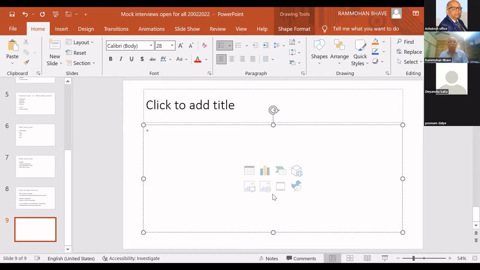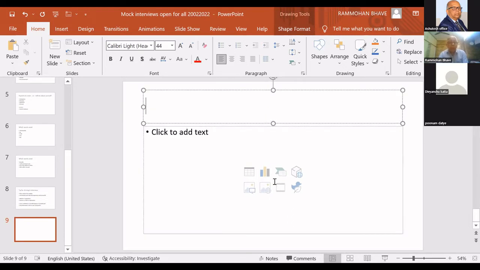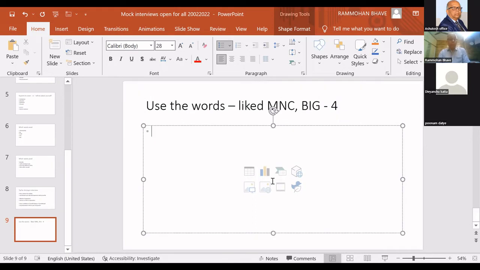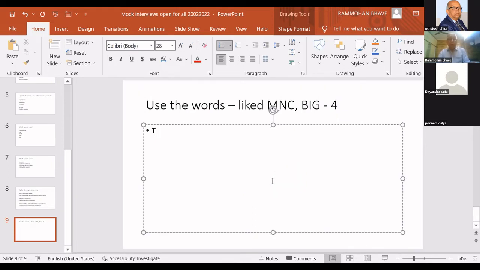Then use the words liked by MNCs or Big Fours. For example, are you all aware what is TOC and TOD? Anybody? Tell me the long form.